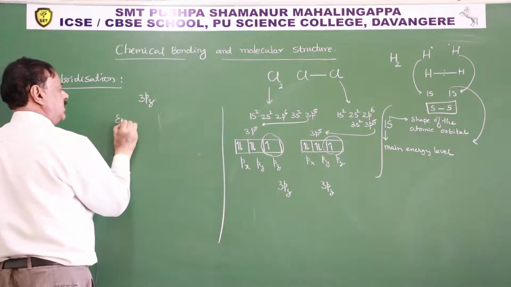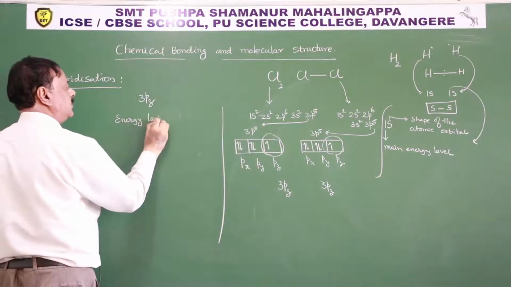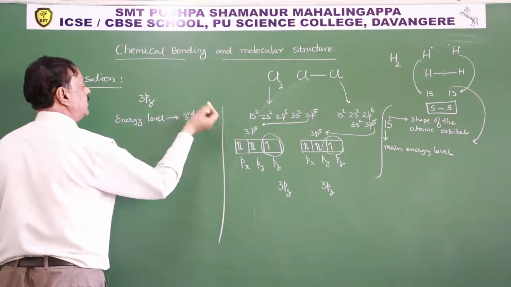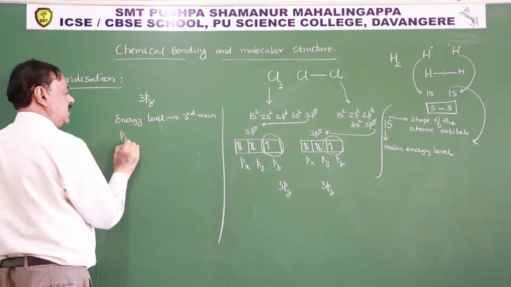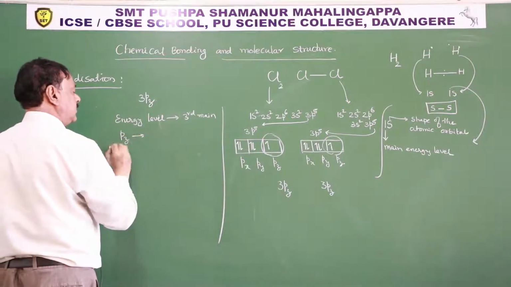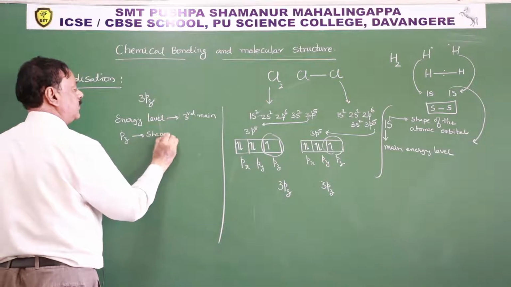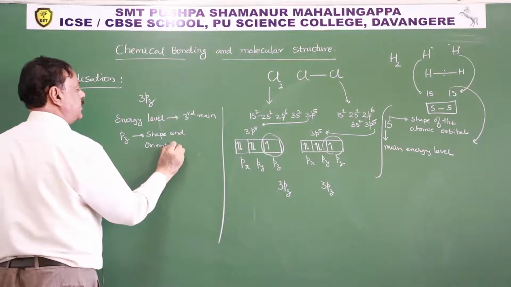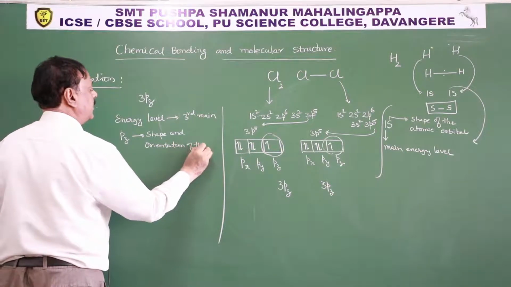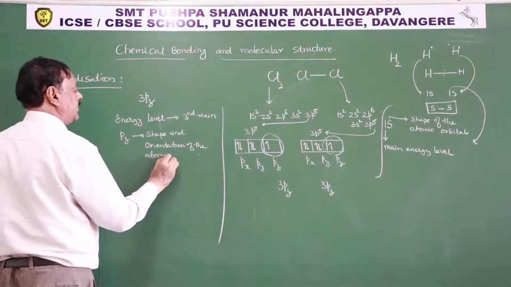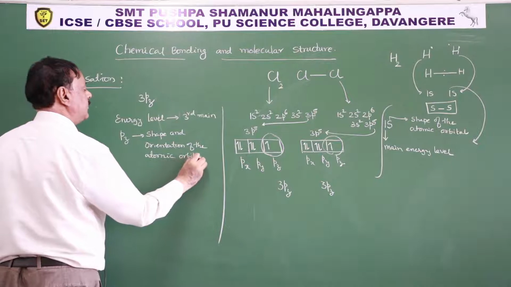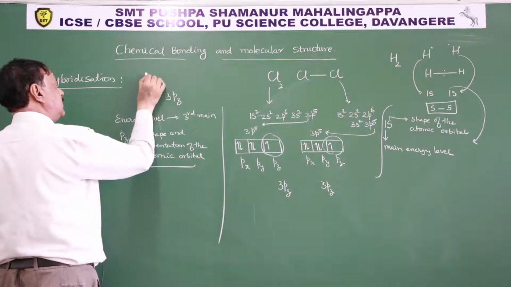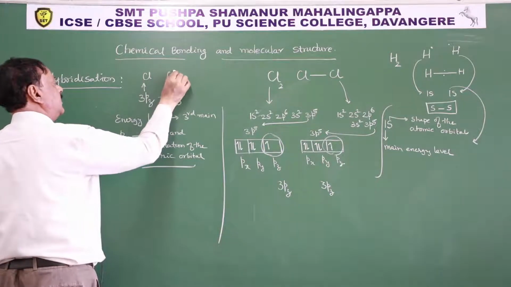Here is the 3pz atomic orbital: the third main energy level, the pz atomic orbital, its shape and orientation. Here is 3pz overlapping, 3pz of the first chlorine atom and 3pz of the neighboring chlorine atom.